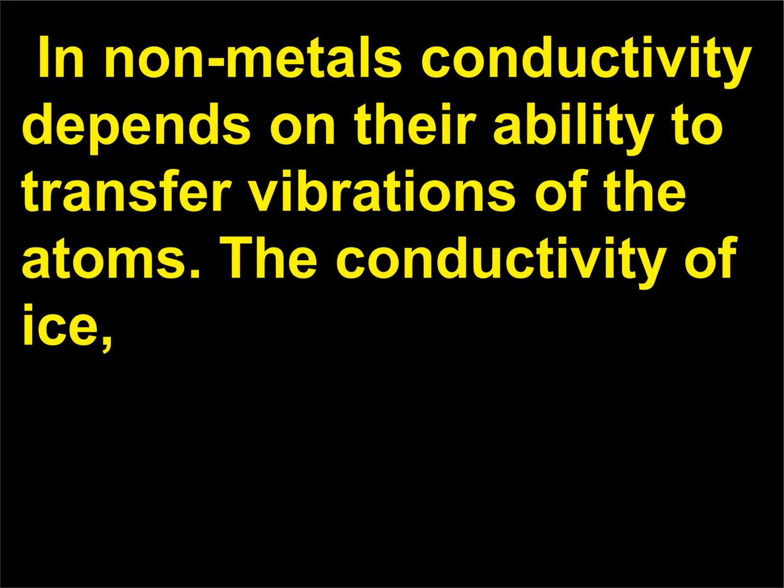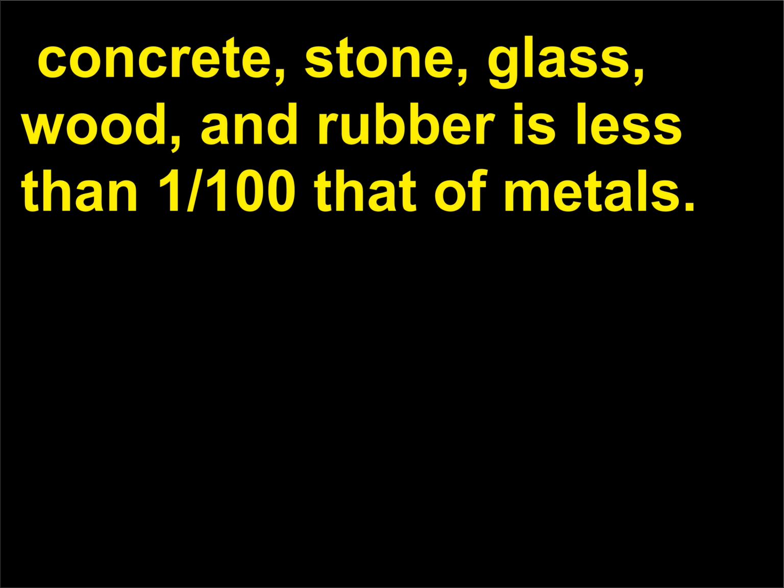In nonmetals, conductivity depends on their ability to transfer vibrations of the atoms. The conductivity of ice, concrete, stone, glass, wood, and rubber is less than 1/100 that of metals.